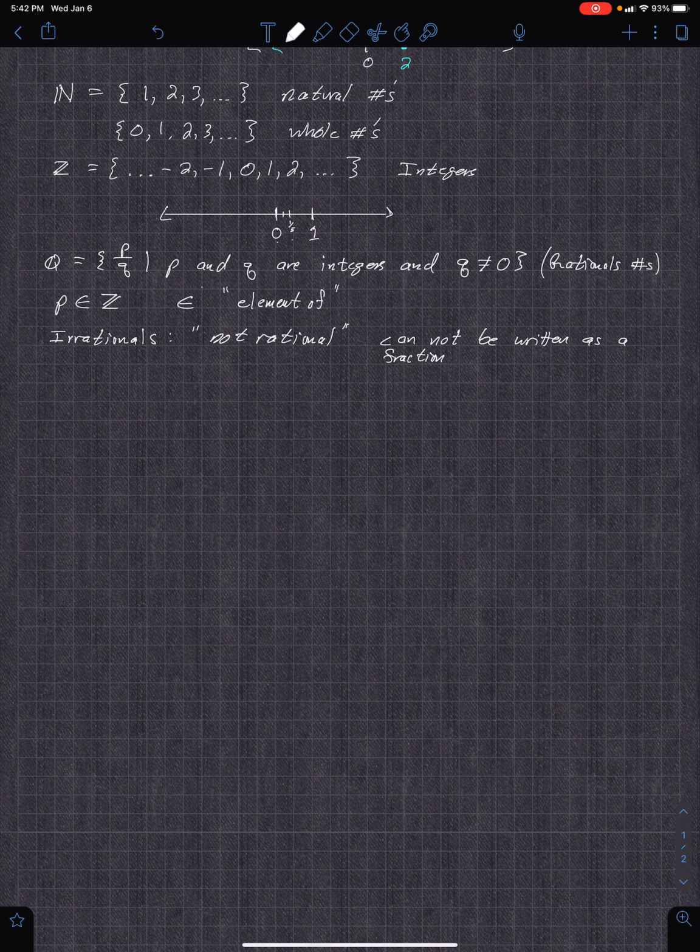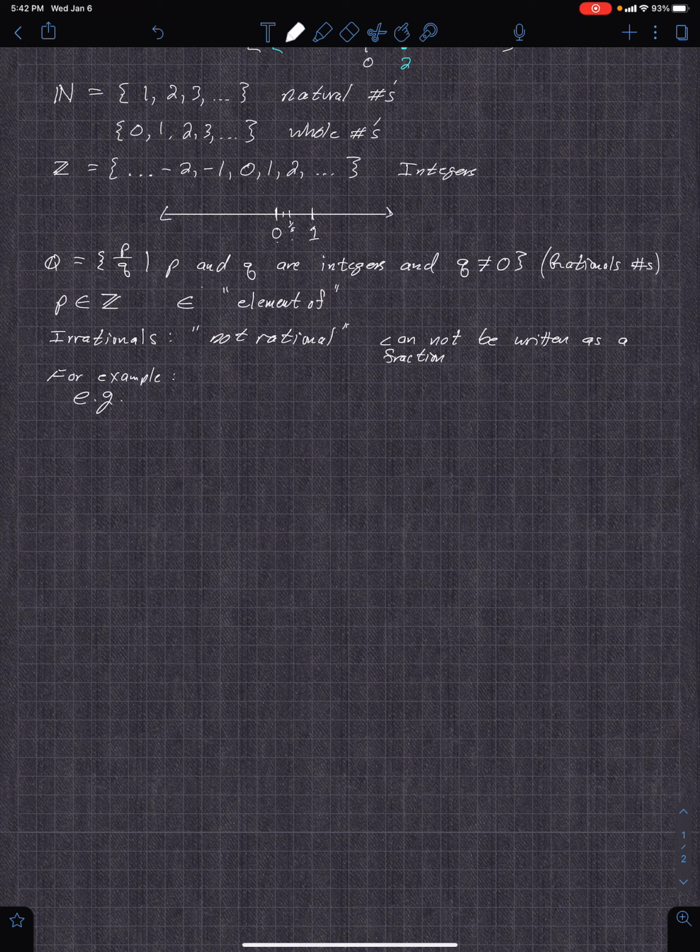That's one way to think of it. So I'm just going to give you examples of these that are not rational. So, for example, and by the way, e.g. means for example.